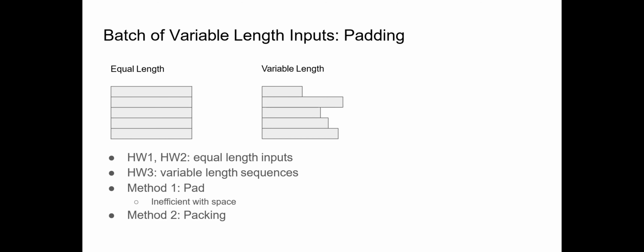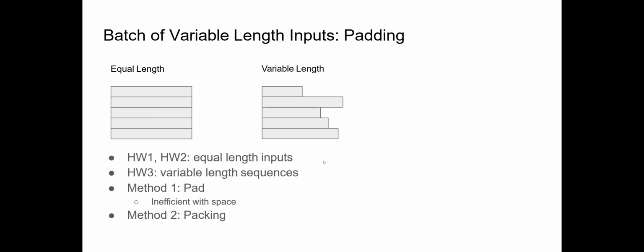The main thing we are going to do here: if we compare homework 1 and 2 again, the type of data we had was equal length inputs in homework 1 and homework 2, but in homework 3 we have variable length sequences.